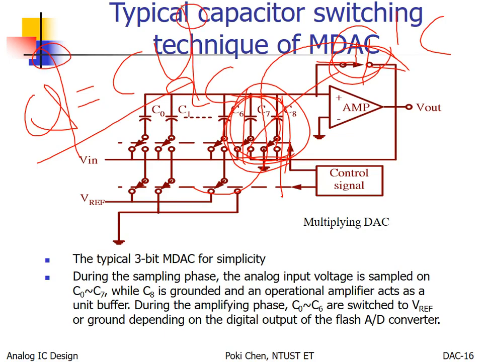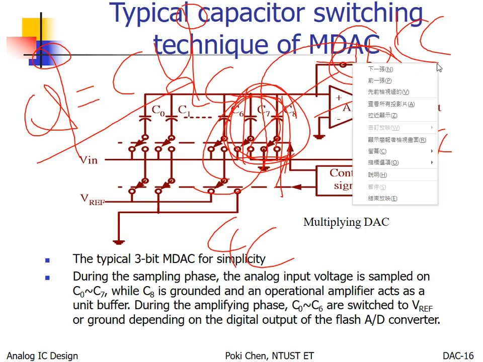That is a very simple idea to do multiplication with switched capacitors. So how to multiply the input to output by 4? 4 capacitors here, 1 capacitor there. Yeah, so it means what?